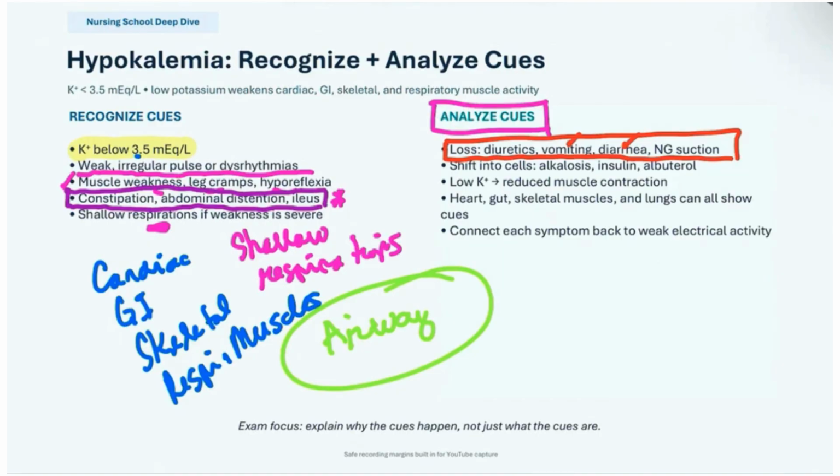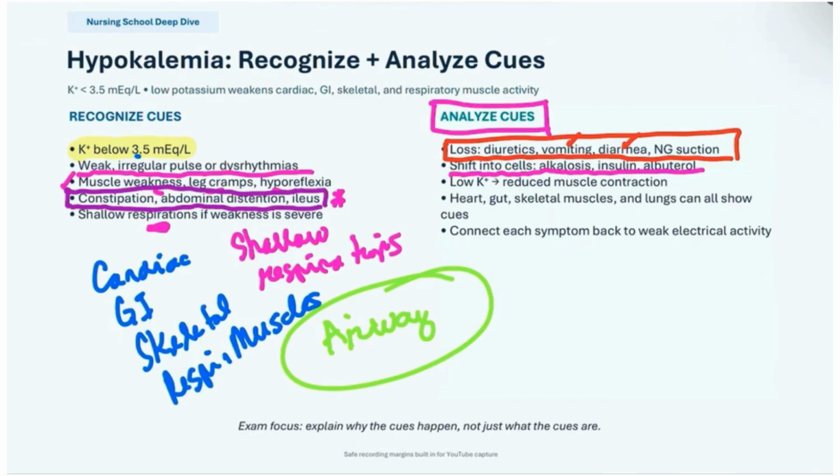Potassium can also shift into the cells from the bloodstream. So think of alkalosis. Remember the use of insulin, because insulin pushes the potassium back into the cell. And of course, the use of beta agonists such as albuterol. Remember, for hyperkalemia, albuterol can also be a treatment.